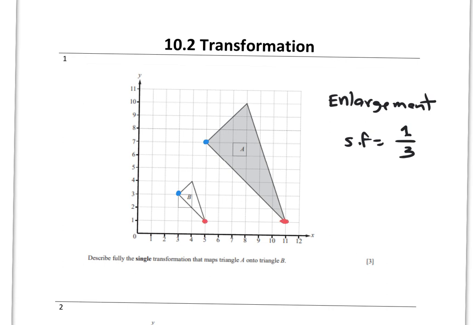Then draw a line between the point and its image and extend this line, for the 2 pairs of points. This is the first pair, and this is the second pair of points, each point and its image. They intersect at the point which is the center of enlargement.